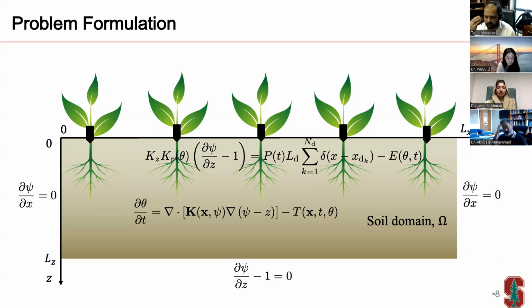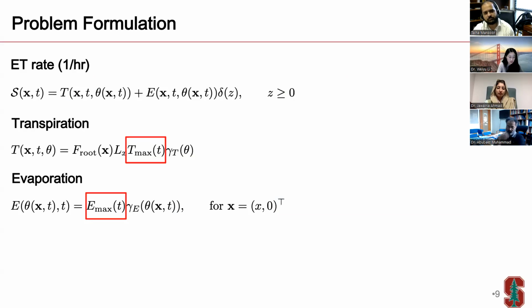And these terms of Tmax and Emax, the maximum transpiration and evaporation. This assumption of both of them being independent, how restrictive is this? I mean, is there any correlation between them in practice, or is the assumption safe enough?